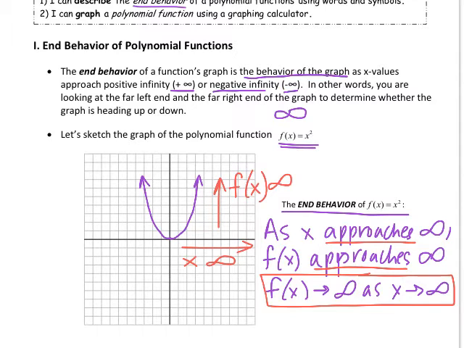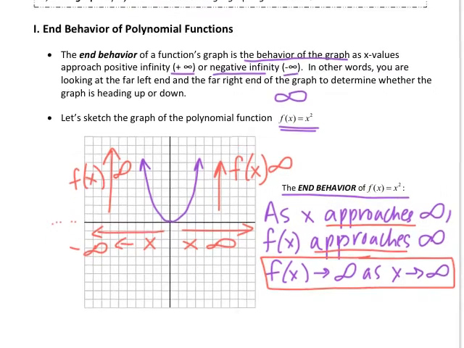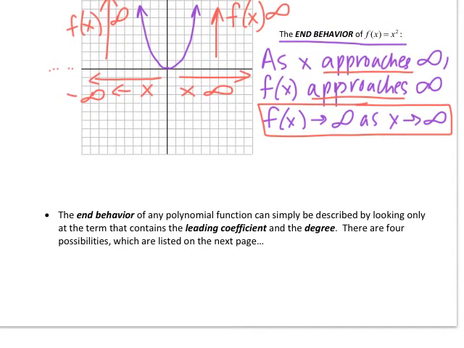And in this case, when x continues to go less than 0, or it gets closer to negative infinity, because negative infinity is way down here to the left, this graph also goes upward toward infinity. So there's a couple things we want to take a look at and why the graph does that, and we're going to explain that on the next page.